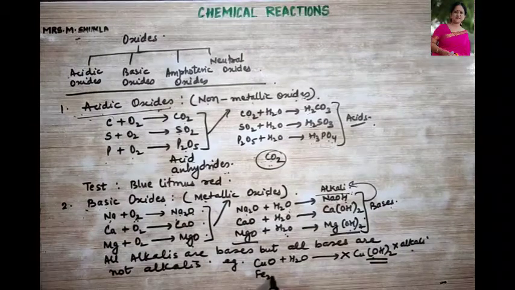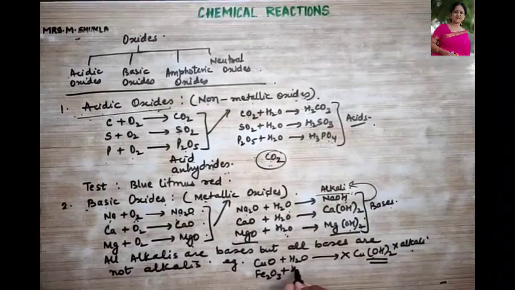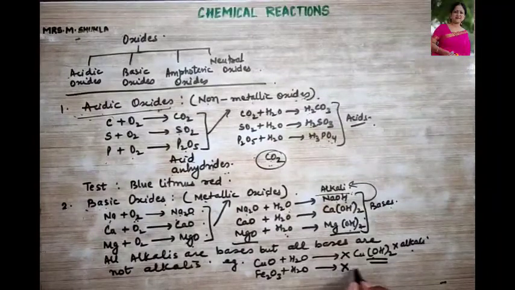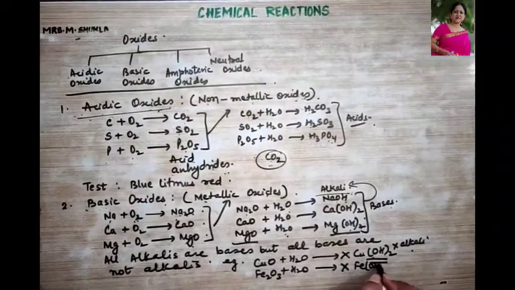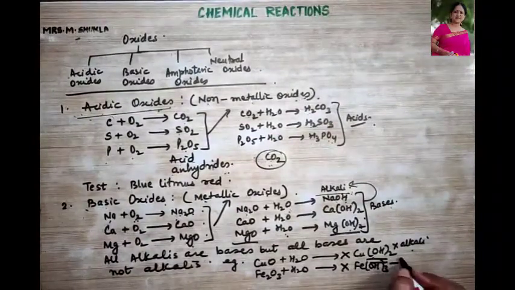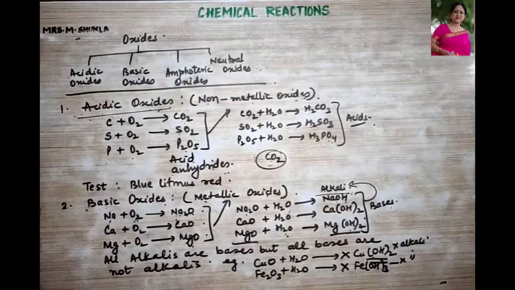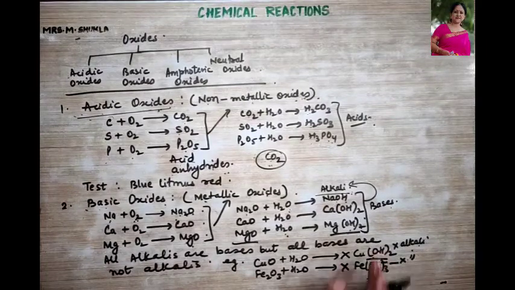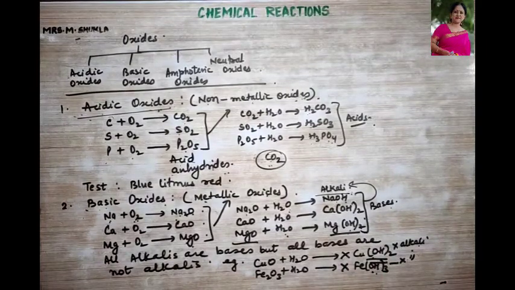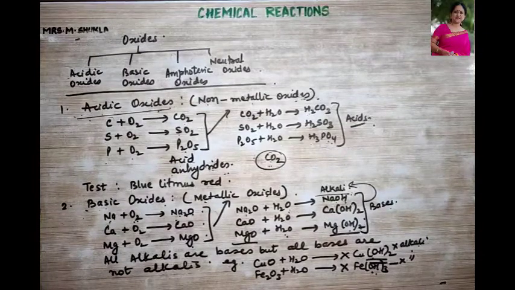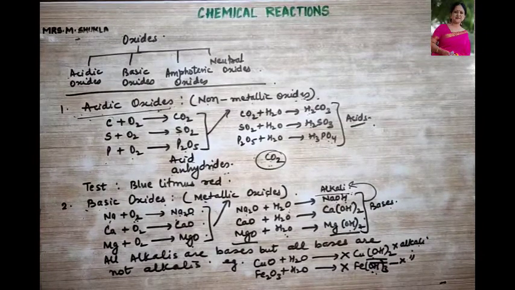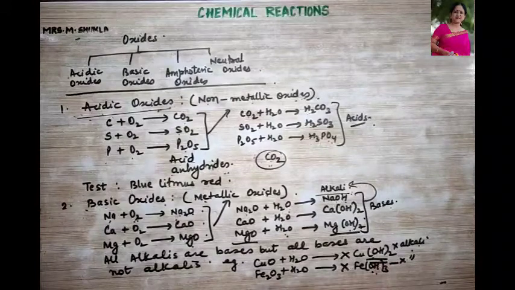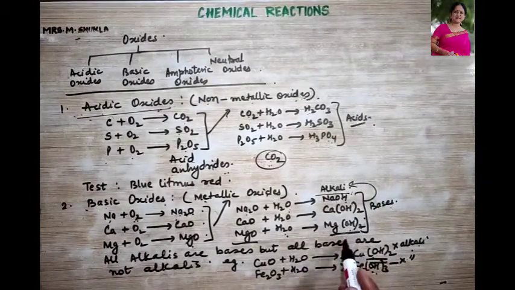Similarly, Fe2O3 when dissolved in water will not form Fe(OH)3, and therefore this is also not your alkali. They are all basic in nature, but you cannot call them alkalis. Is that clear? These are a few of the exceptions that you have to remember. How and why? There is no reason to be told over here. You just have to learn this by heart, that all alkalis are bases.